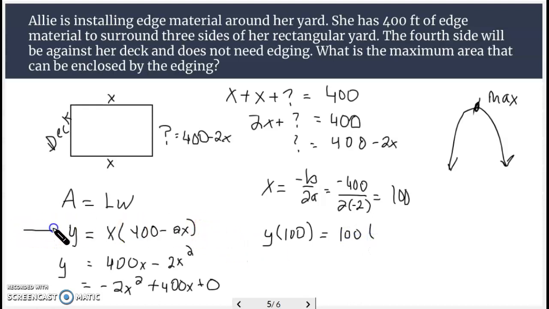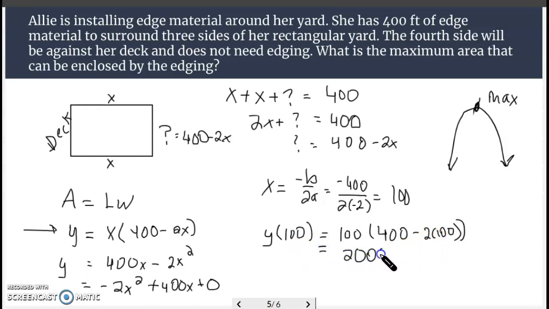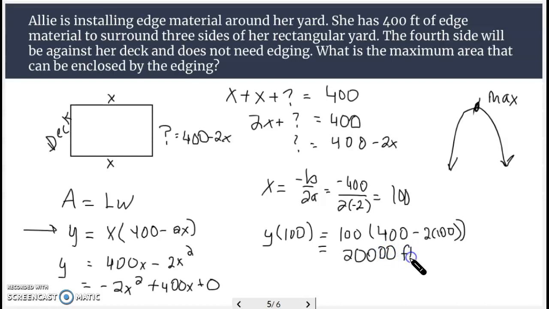I'm looking back here, that's where I'm plugging it in. 2 times 100 is 200, 400 minus 200 is 200, and 100 times 200 is 20,000. So 20,000 square feet would be the max area of her yard that can be enclosed by the edging.